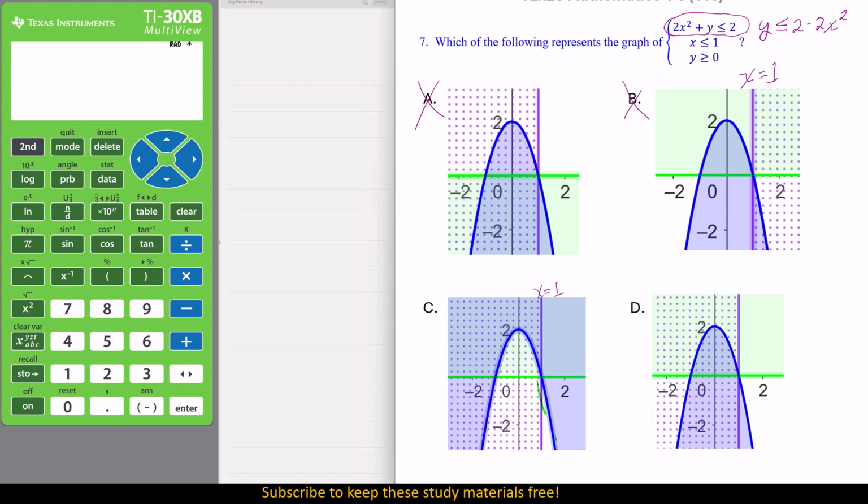In that form, we clearly see that all the values of y must be below the quadratic curve. So let's look at our C and D. That has to be the blue. For C, all of the blue is above the curve. Mark that out. That's not what we need. So the only one that satisfies each of our piecewise conditions is D.